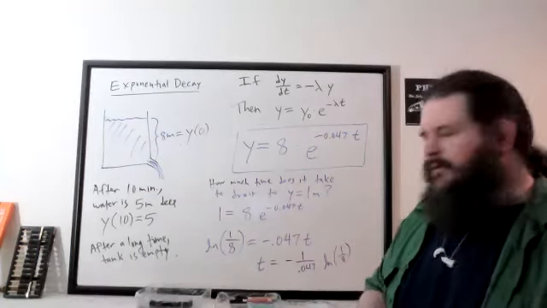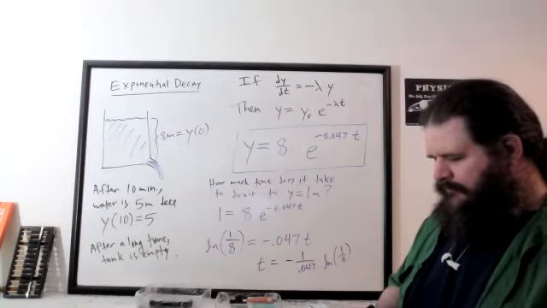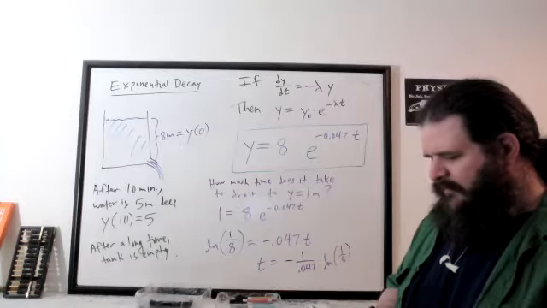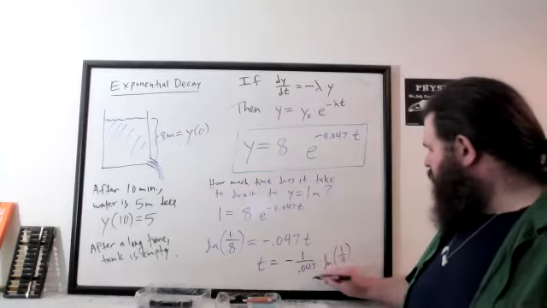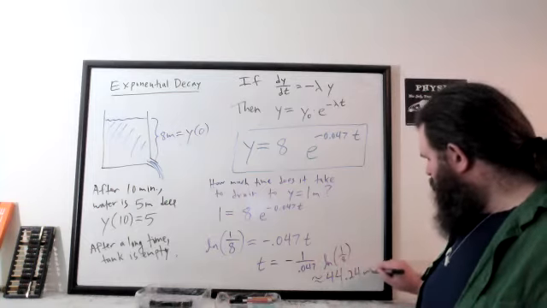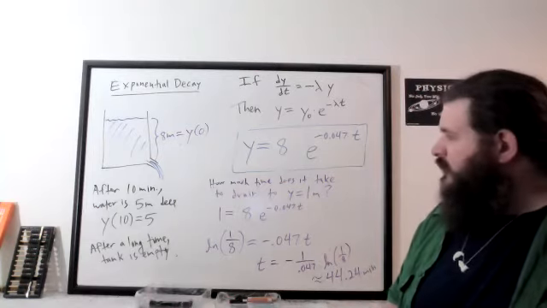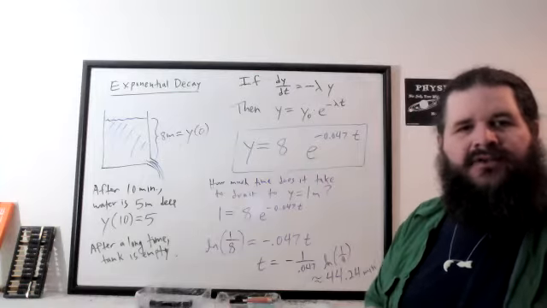And that you can just plug into a calculator, negative 1 over 0.047 times logarithm of 1/8. And we get about 44¼ minutes. So that tells you how much time it takes to decay to 1 meter of depth left. Any questions on that so far?